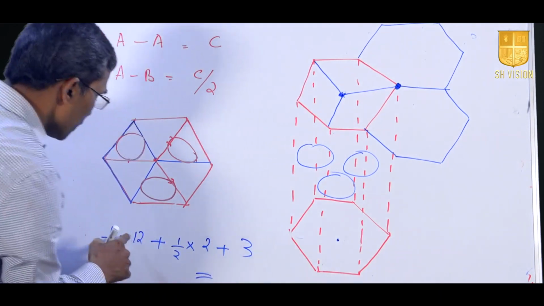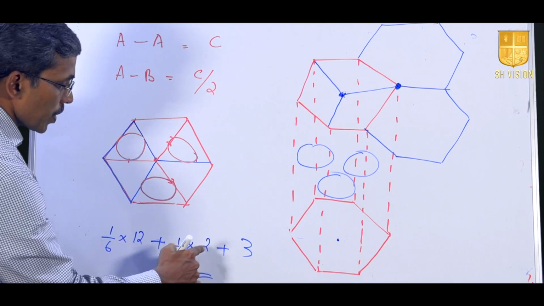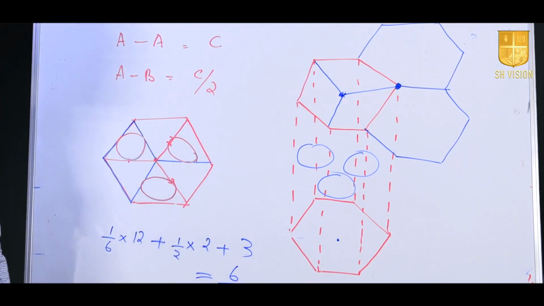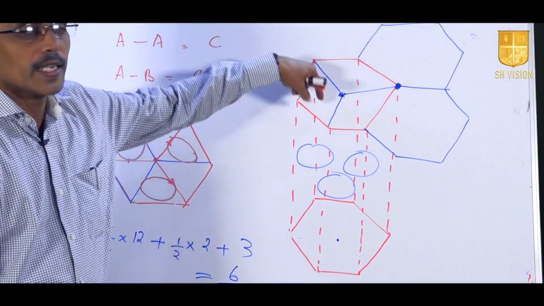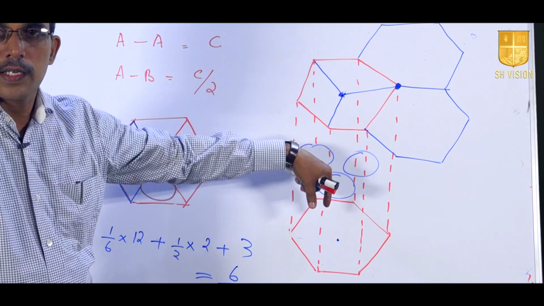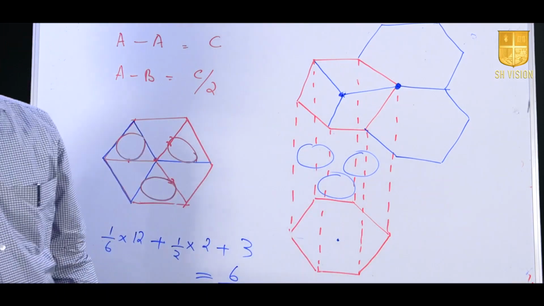So in total you will get 2 plus 1 plus 3, that is equal to 6. This way also we can calculate the number of atoms per unit cell. Otherwise we can visualize there are 3 Bravais lattices inside, each having 2 atoms per unit cell.